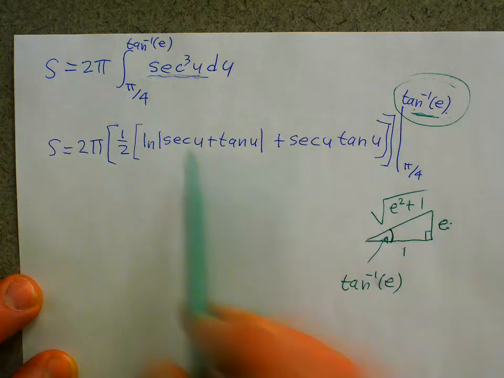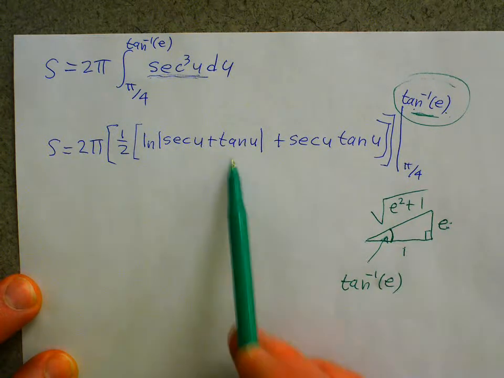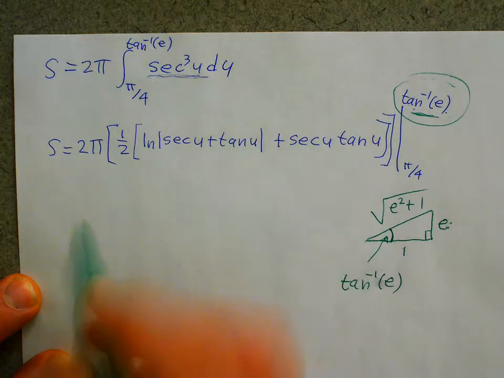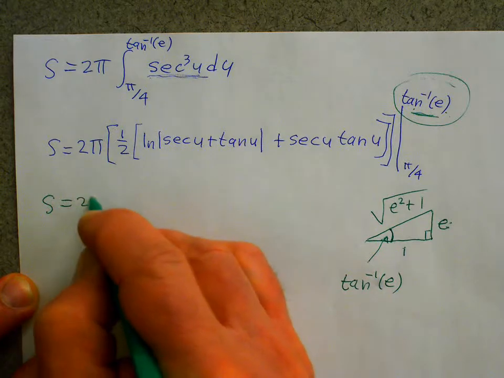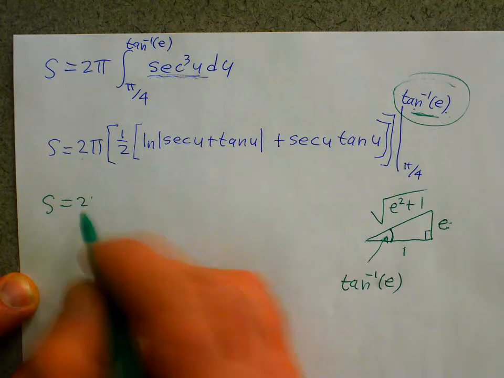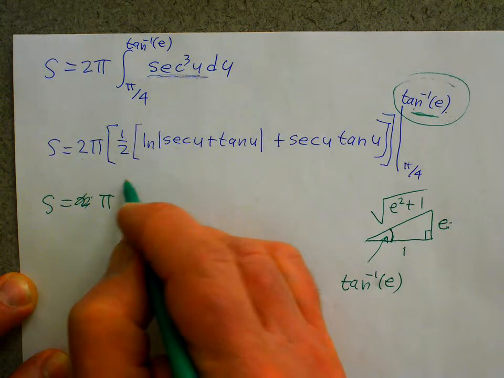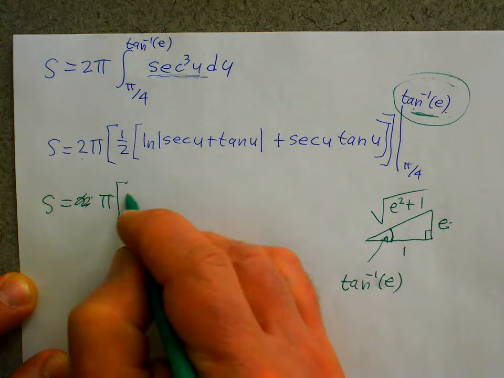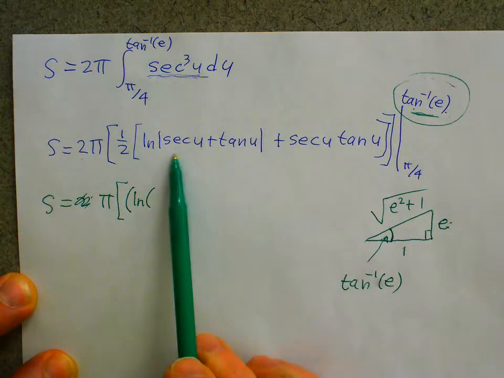So we can find the secant of u as well as the tangent of u. So our surface area is 2 pi. Oh, let's multiply 2 pi times 1/2 just to write pi. And then we'll have the natural log of secant of u.